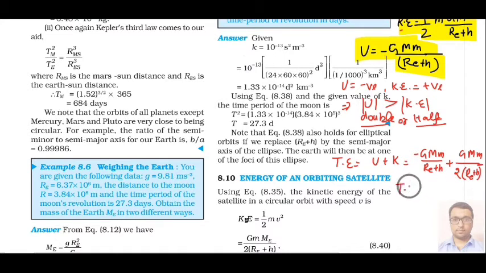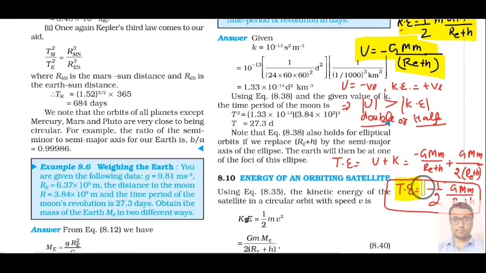So finally we will get this expression: minus half of G capital M small m upon Re plus H. So this is the expression for total energy of a revolving planet.